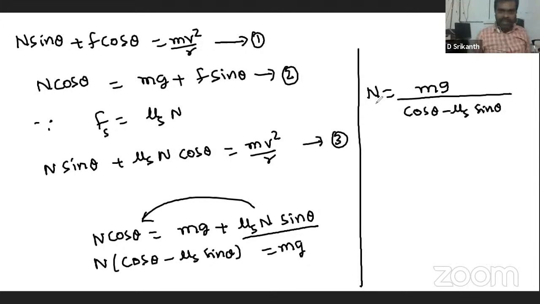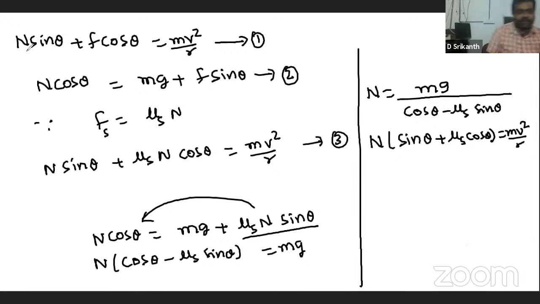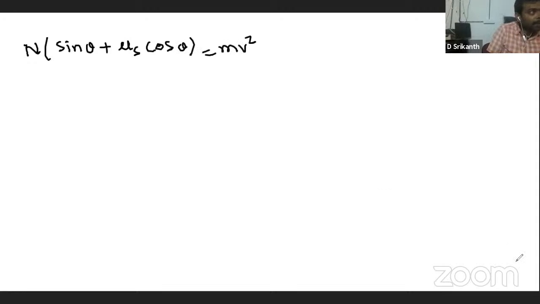Now I will substitute this n value here in equation 3. n is common, so n times (sin theta plus mu s cos theta) is equal to mv square by r.